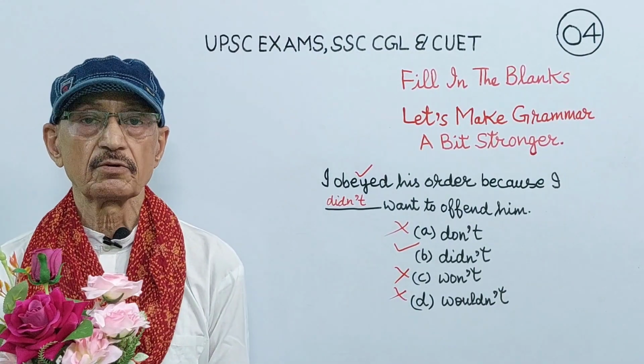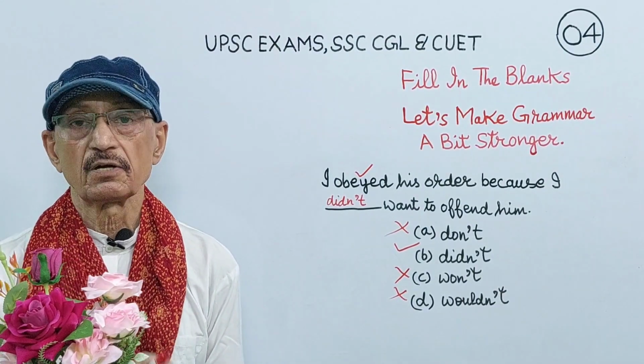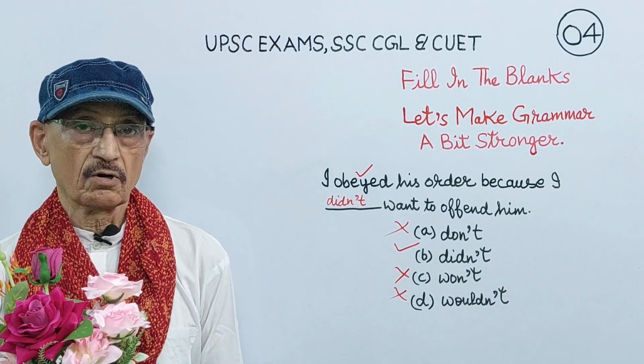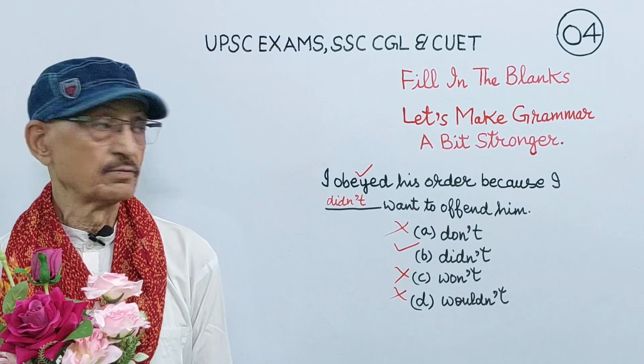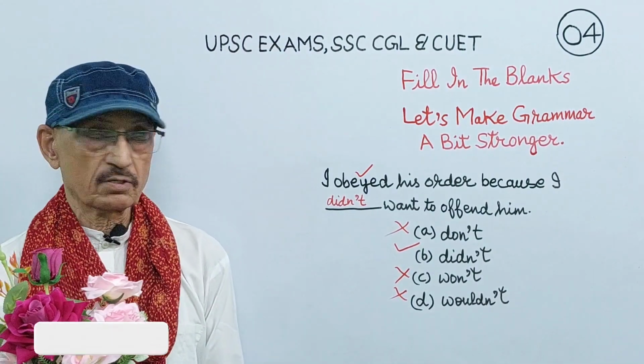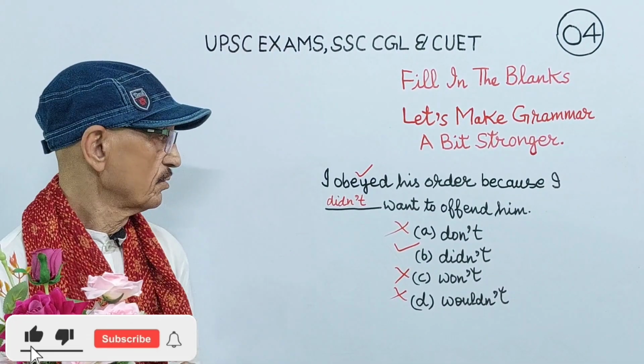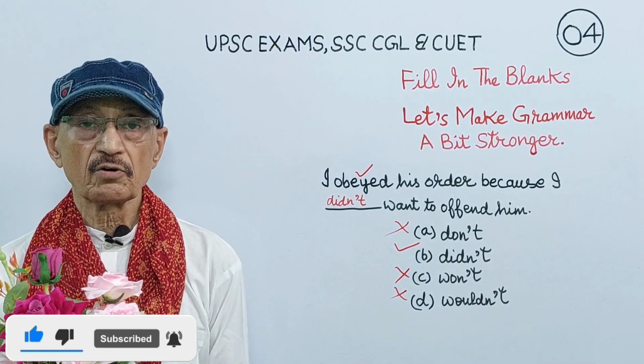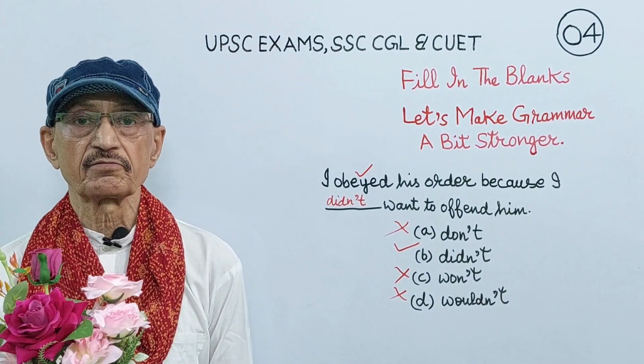They will not give you a correct meaning of this sentence. So, you will have to use auxiliary didn't. I obeyed his order because I didn't want to offend him. Moreover, you will have to maintain the sequence of tenses.